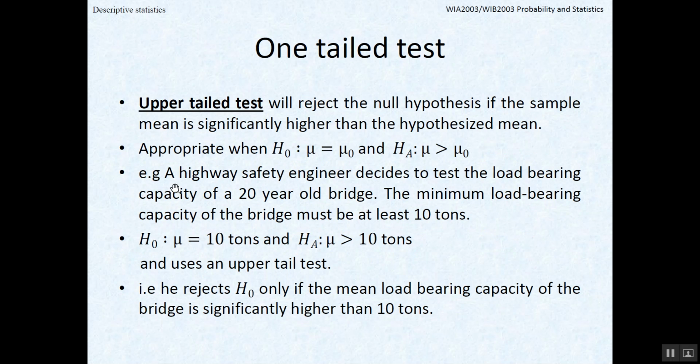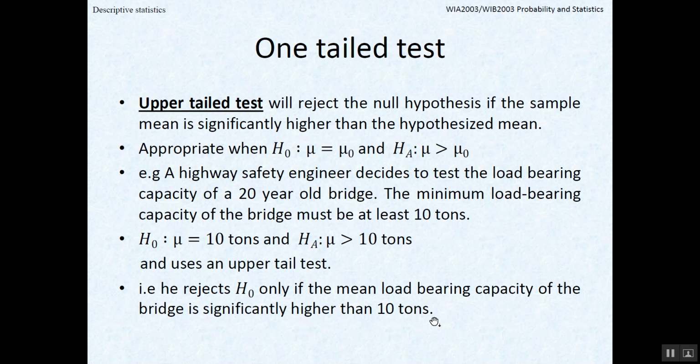For example, a highway safety engineer decides to test the load-bearing capacity of a 20-year-old bridge. The minimum load-bearing capacity of the bridge must be at least 10 tons. So here the null is equal to 10 tons, and the alternative is more than 10 tons, using an upper tail test. He rejects the null only if the mean load-bearing capacity of the bridge is significantly higher than 10 tons.